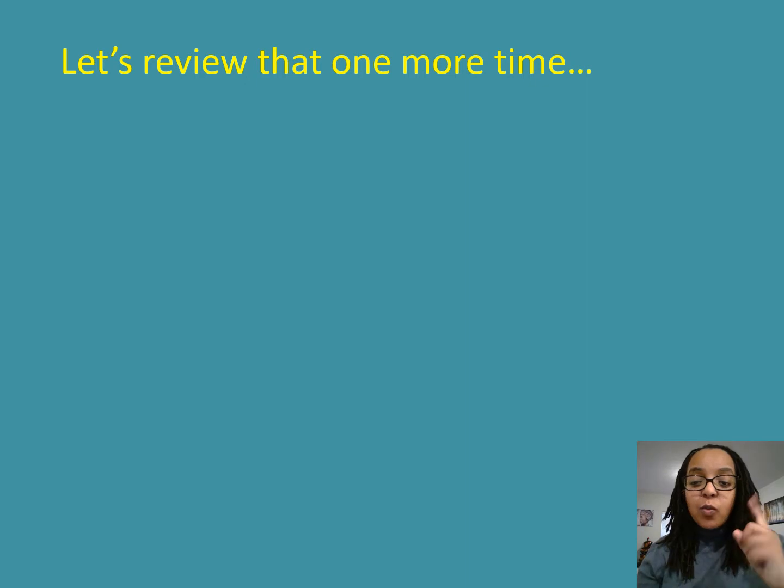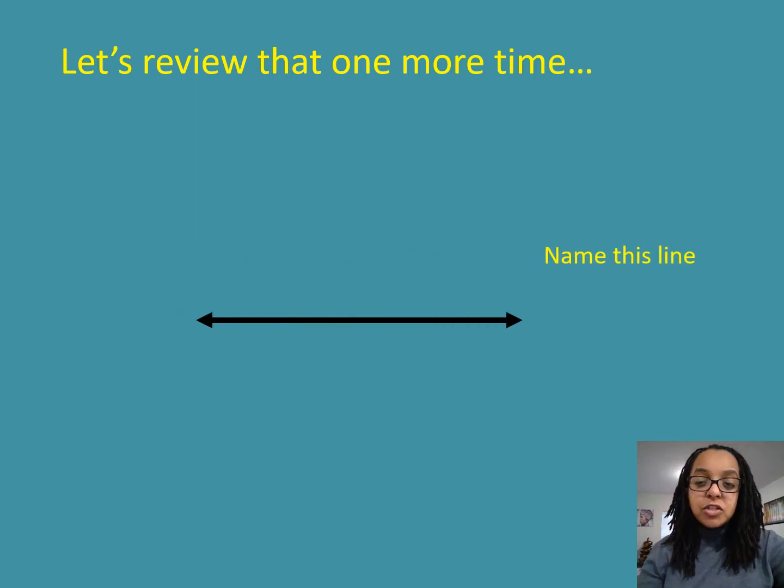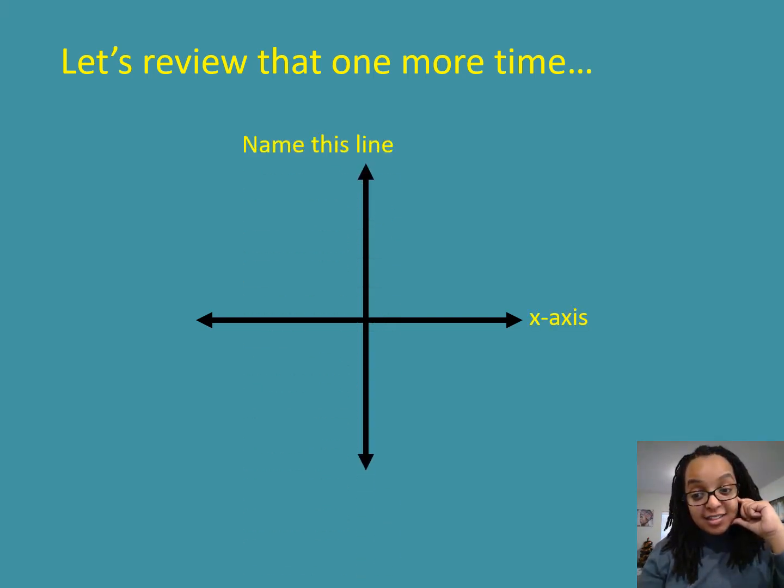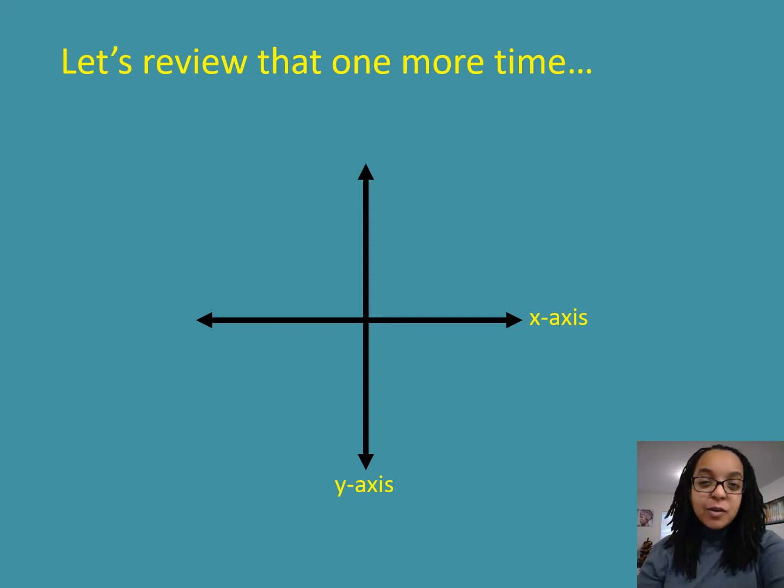So let's review that one more time really quickly before we start doing some guided practice on this coordinate plane, okay? I want you to name this line in your head. If you said the x-axis, you are correct. Now, I want you to name this line in your head. Take a few seconds. And if you said the y-axis, you are correct. Very good.